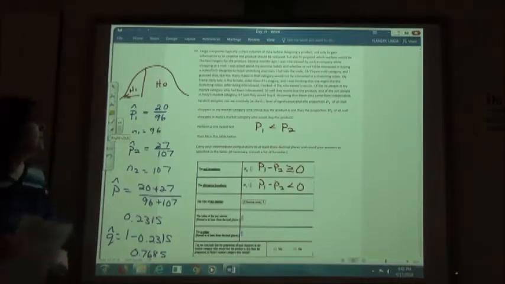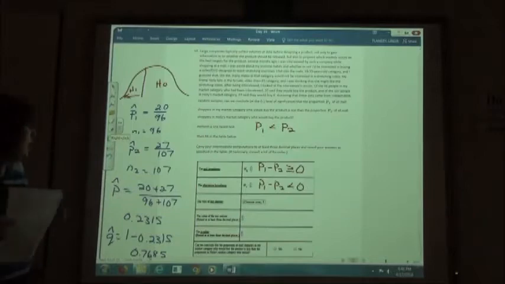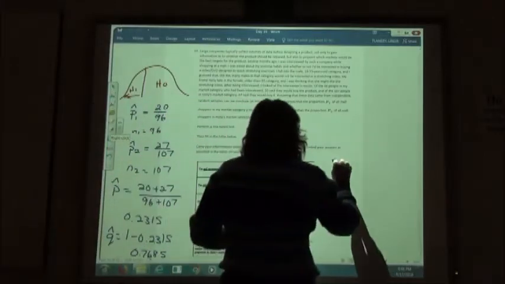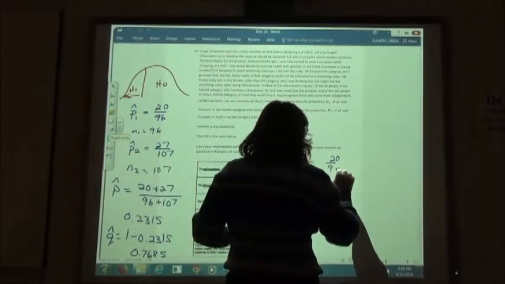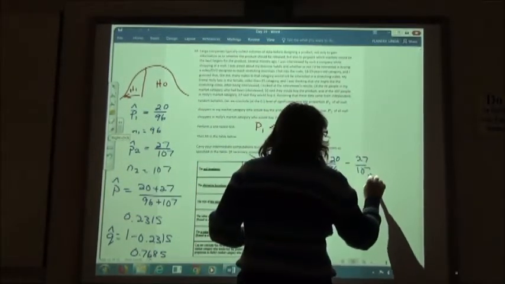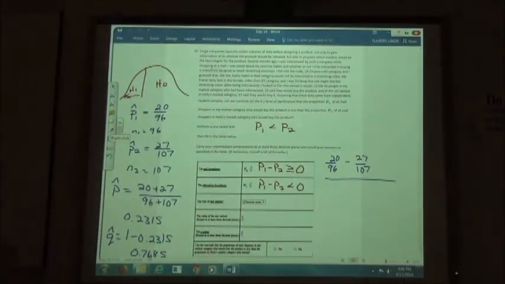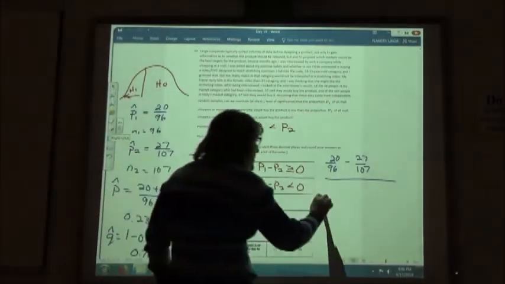So in the numerator of our test value, we are going to subtract our P1 and our P2, right? So 20 over 96 minus 27 over 107. On the bottom of that fraction, that's where I have that big long square root.